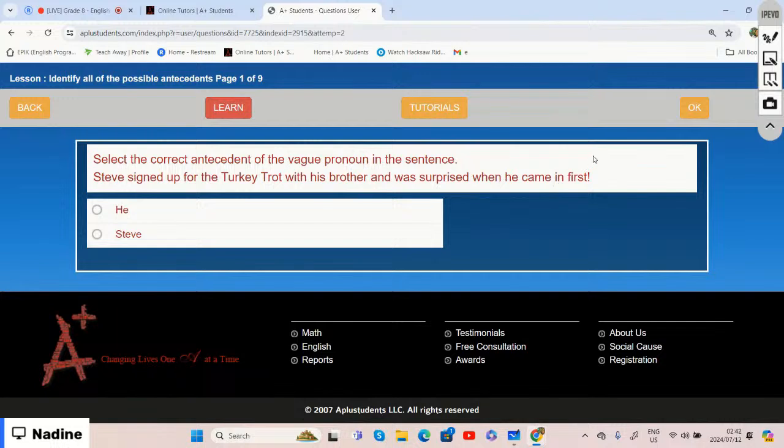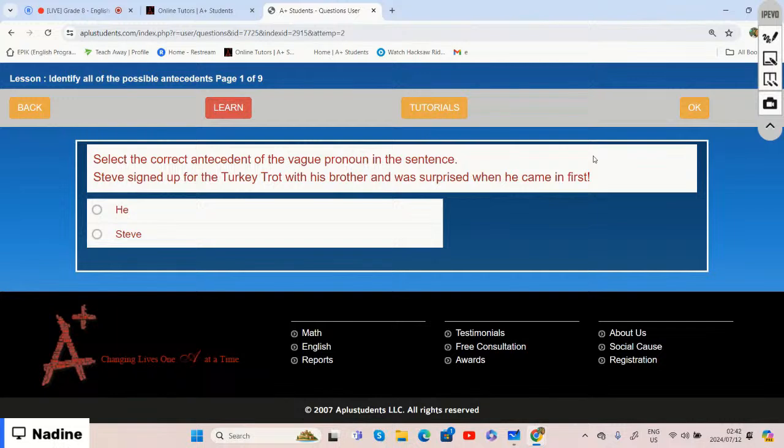So we need to select the correct antecedent of the vague pronoun within the sentence. So we need to select the antecedent.